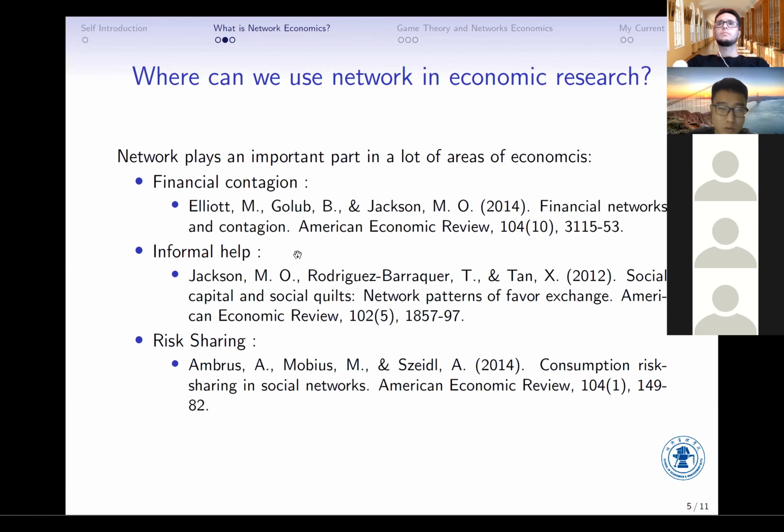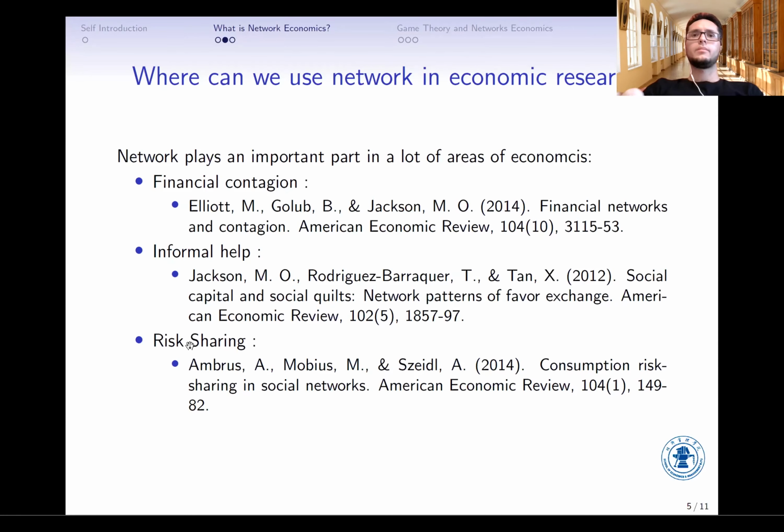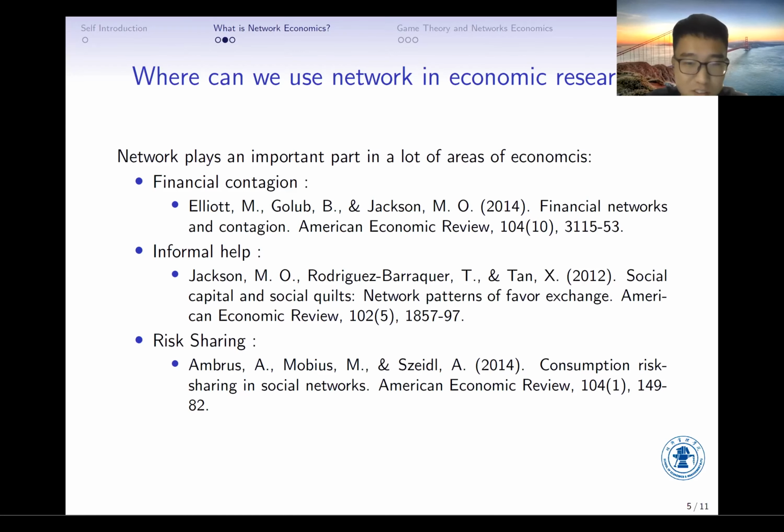The social network is very important for people to help each other. And the third example is risk sharing. If we lack formal insurance, we can share the consumption risk on social networks.